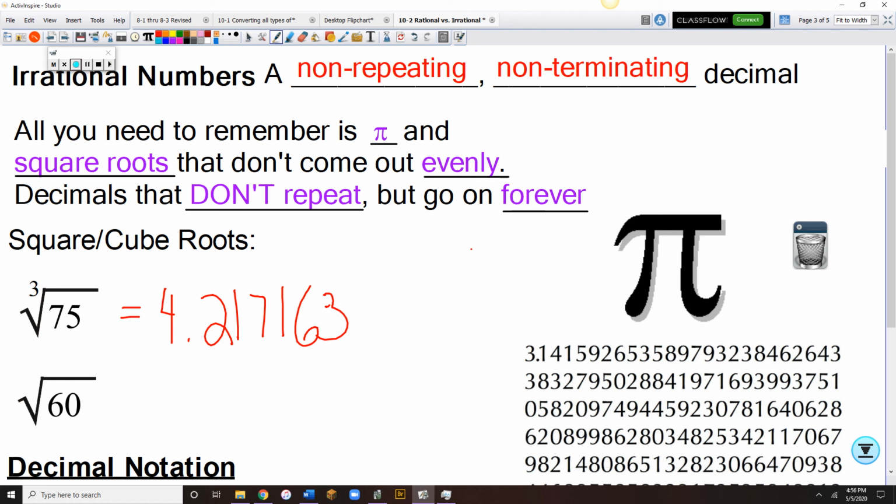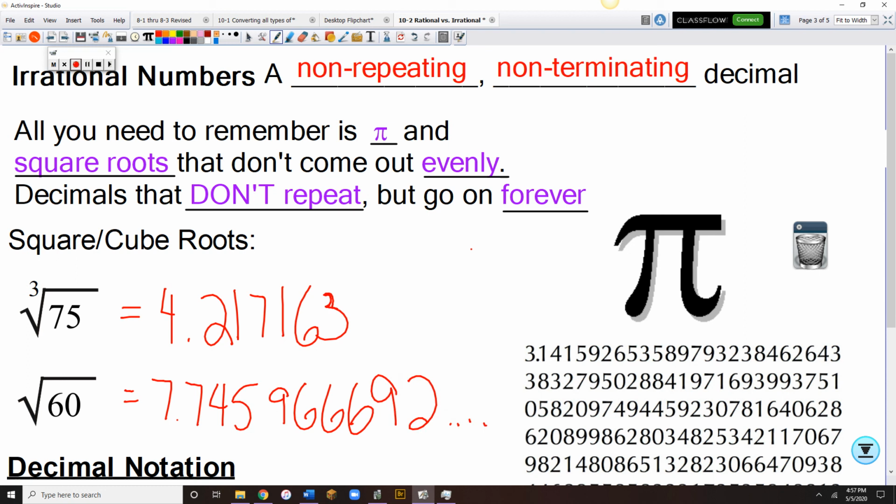I didn't write out all the place values, but it filled my screen, so that tells me that that's an irrational root, unlike the root we did on the previous page, which had a nice pretty answer in my calculator. Same thing with the square root of 60. That answer filled my screen: 7.745966692.